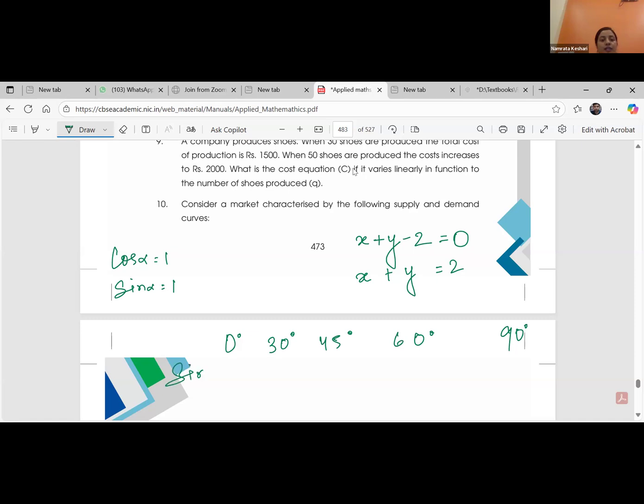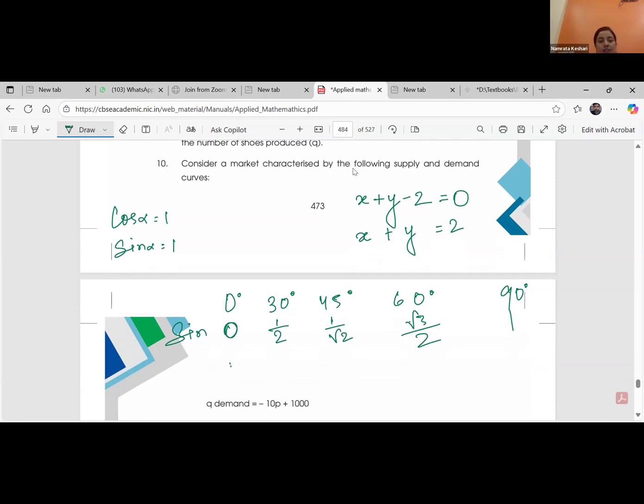When we are talking about sine, the values are in this manner: 0, 1 by 2, 1 by root 2, here 60 is root 3 by 2 and this is 1. And for cos, we are having 1, root 3 by 2, 1 by root 2, 1 by 2 and here 0. Can you see cos and sine together giving 1? Is that possible for a particular angle? For the same angle, cos and sine both giving 1. Is that possible?